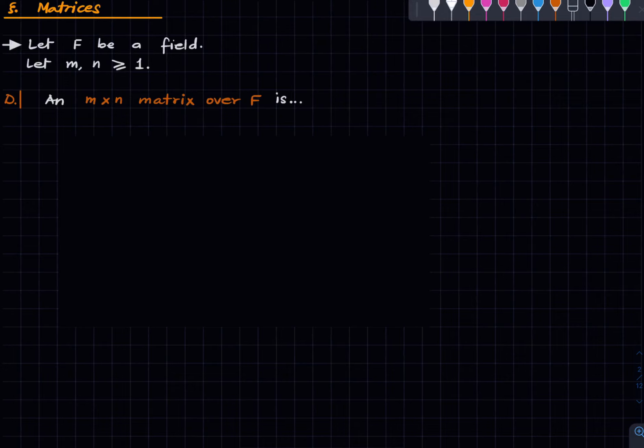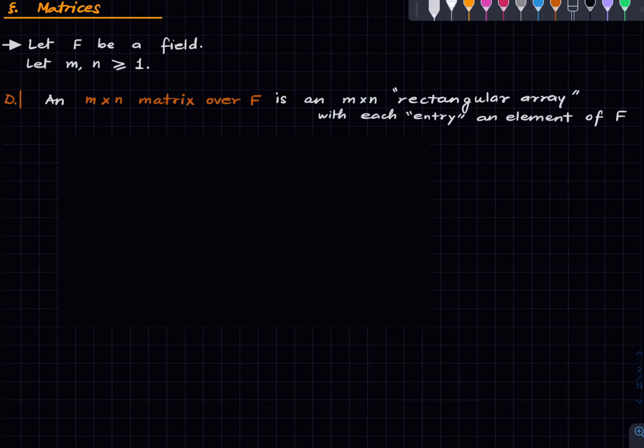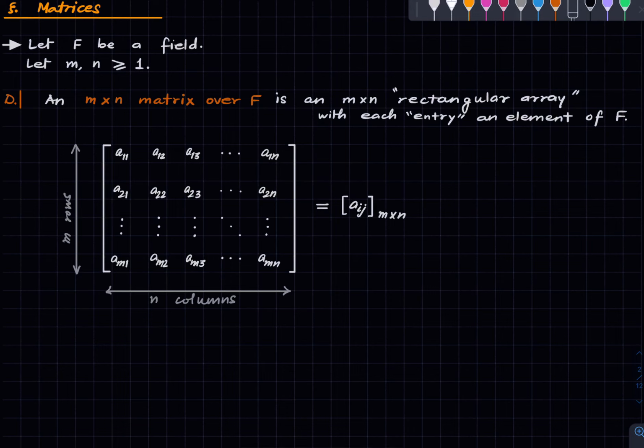So what is a matrix? Fix a field F and fix two positive integers m and n. Then an m cross n matrix over the field F is, somewhat informally, an m cross n rectangular array with each entry coming from F. So it's a somewhat informal definition.